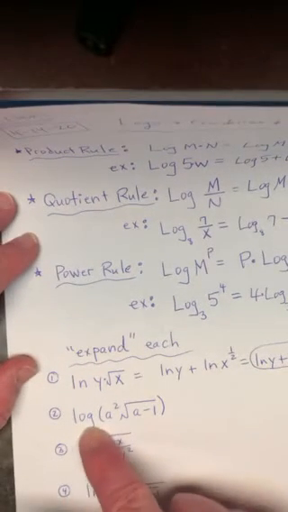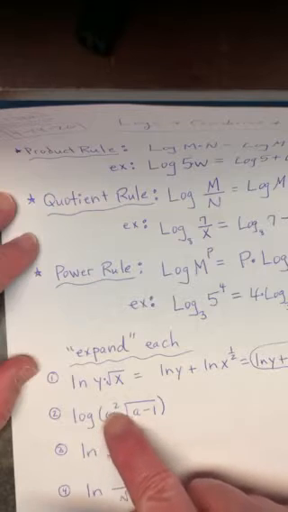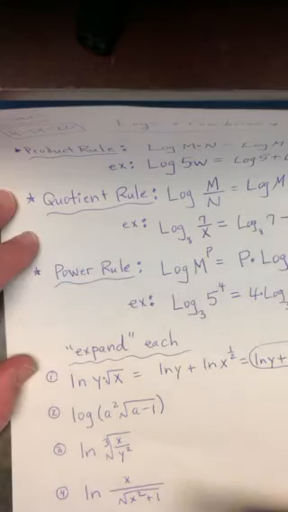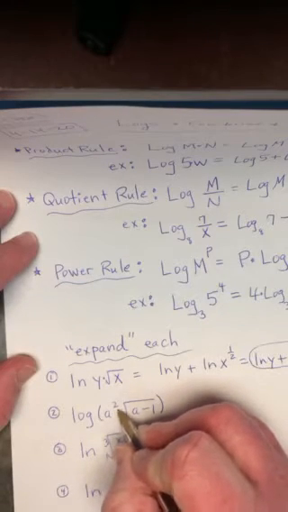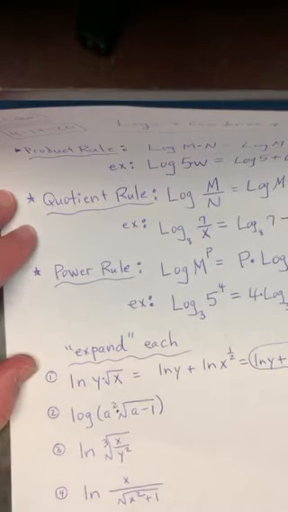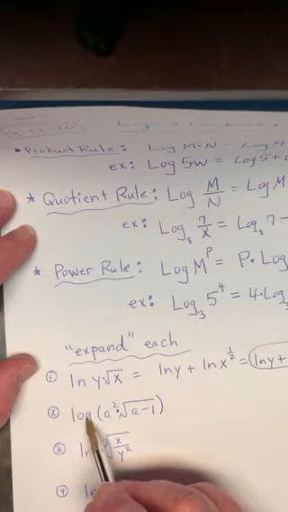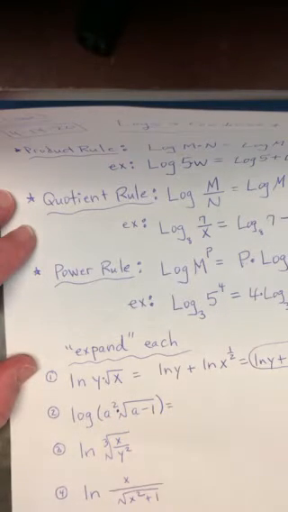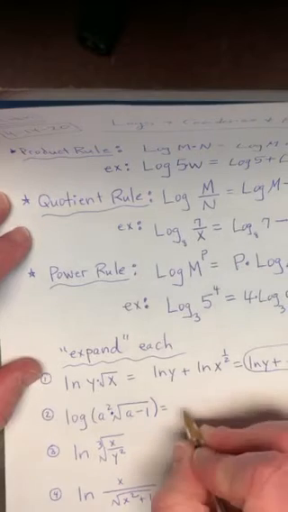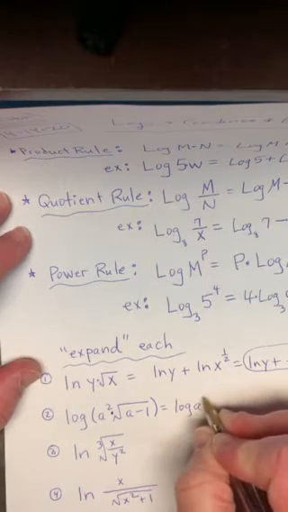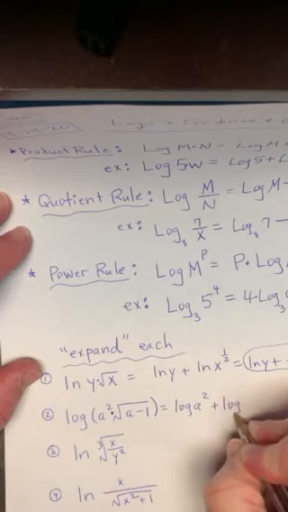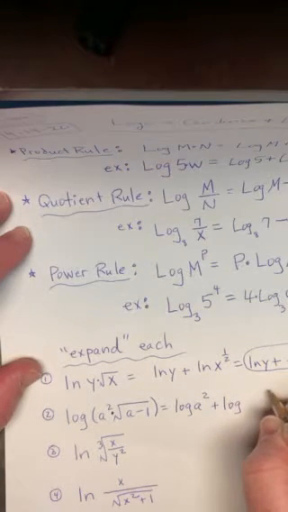It says the log of quantity a squared radical a minus 1. Well, once again, do you agree that there is a dot connection between the a squared and the radical a minus 1? So I've got the log of something times something. Utilizing the product rule, this is really the log of a squared plus the log of, now it says radical a minus 1, doesn't it?